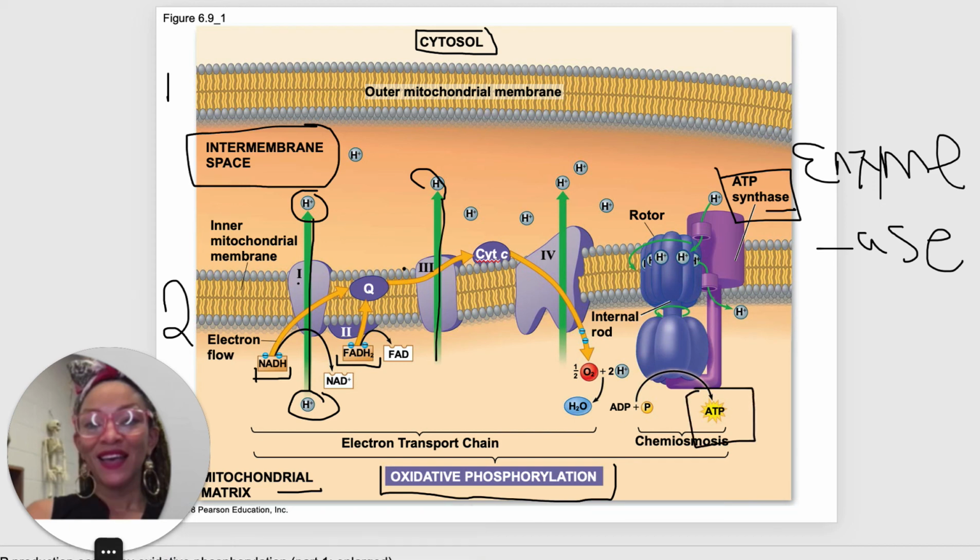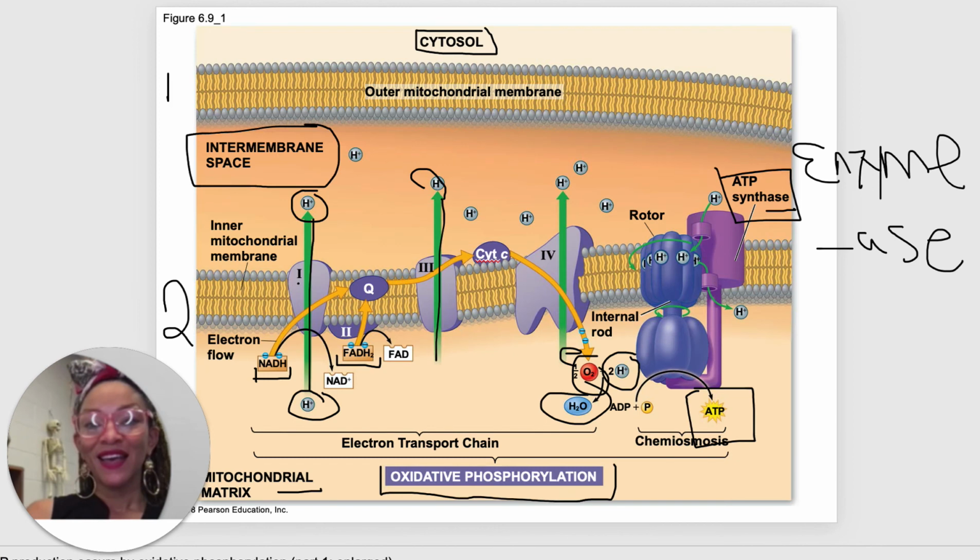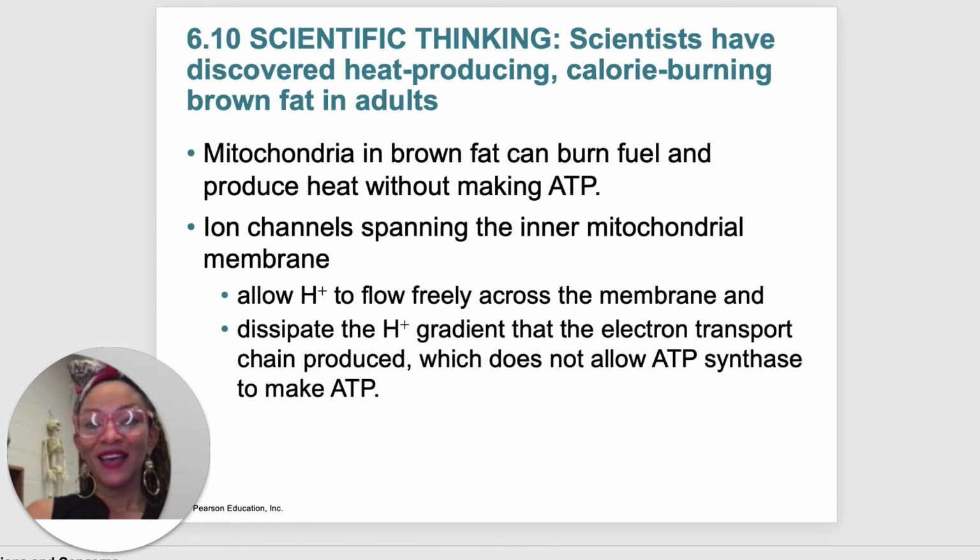And then you can see right here at the very end of the electron transport chain, these last electrons are going over to oxygen. We combine it with hydrogen ions and then get water being released. Okay, so I would say just go to this picture, look at it, maybe write some steps down, and I promise it will not be too hard to understand just the basics of oxidative phosphorylation.